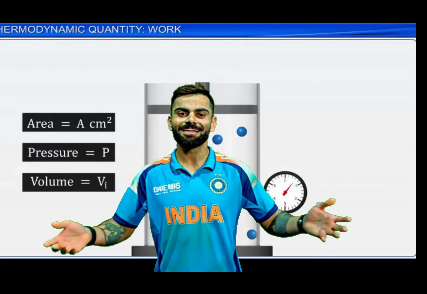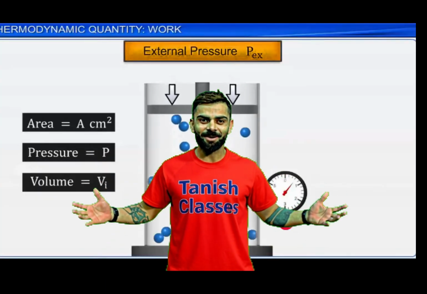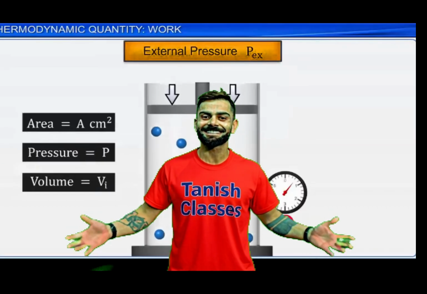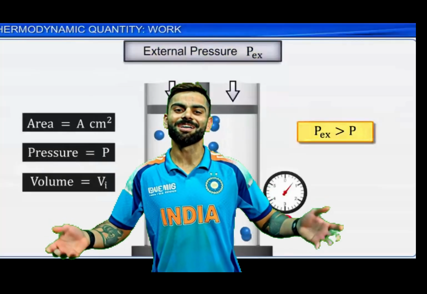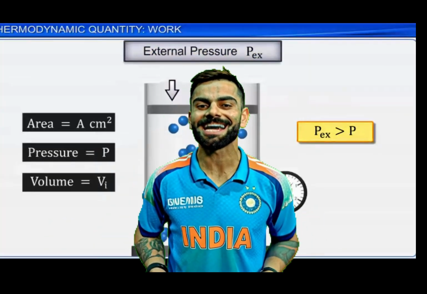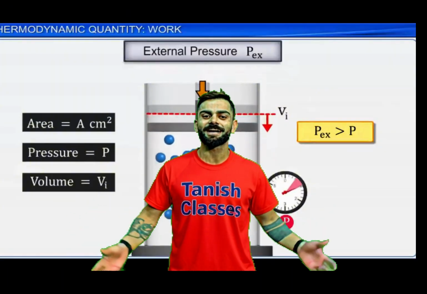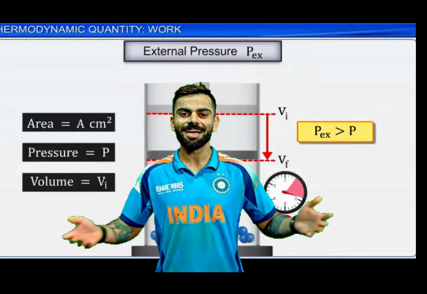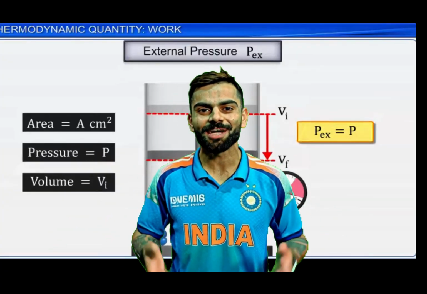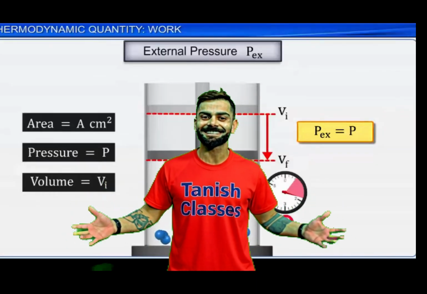Now, let's apply external pressure Pex on the piston. If the external pressure Pex is greater than the internal pressure P, then the piston moves inwards until the pressure P inside the cylinder becomes equal to the external pressure Pex. Let this change be achieved in a single step.